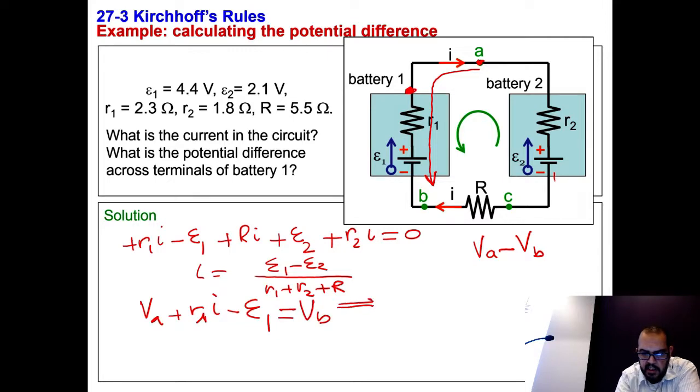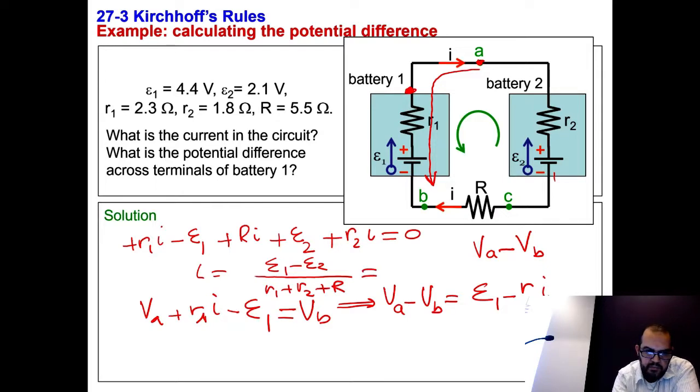Now I can rearrange the terms. VA minus VB is going to be equal to epsilon 1 minus R1I. Since I have the equation for I, I can replace it and calculate this.